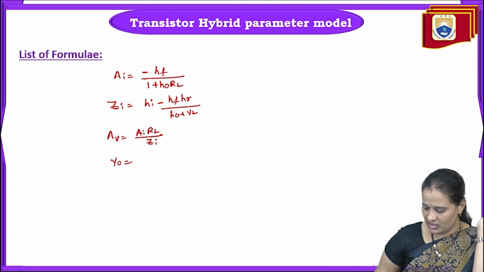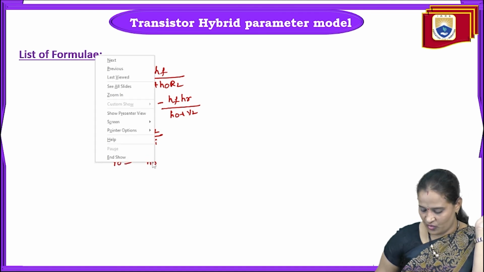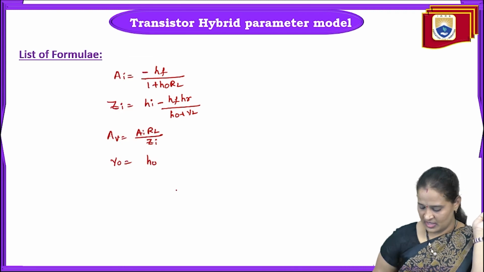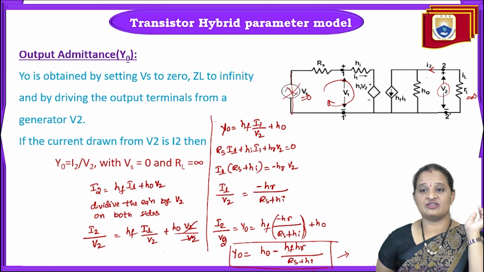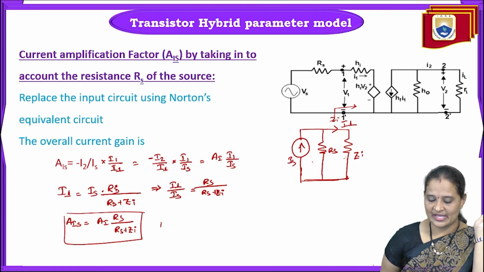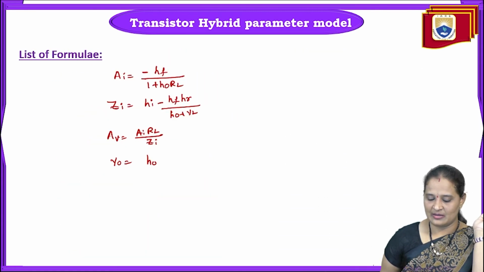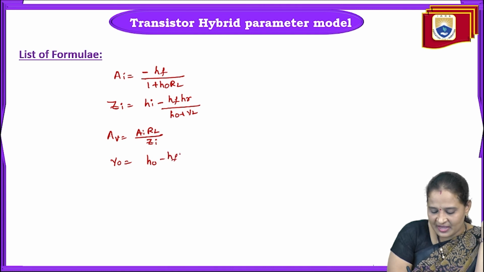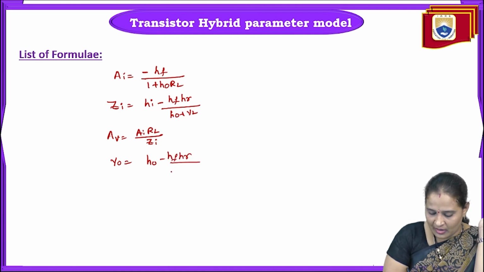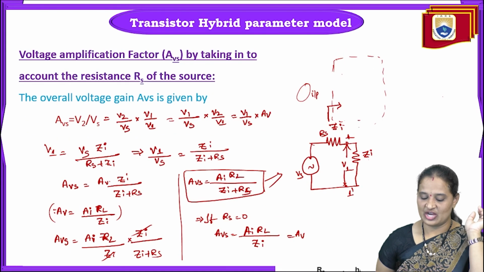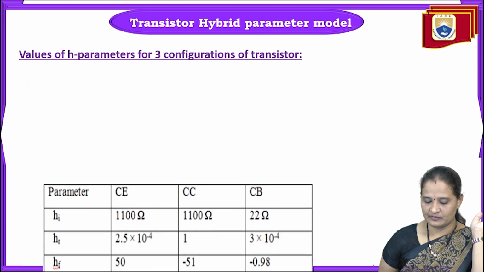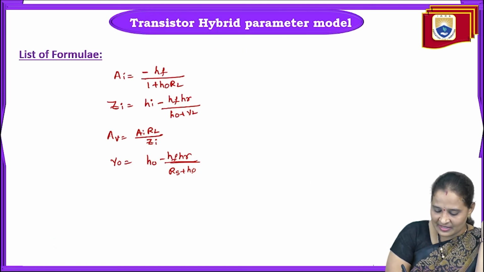Now coming to Y naught, which we have already derived: HO minus HF HR divided by RS plus HI. We need to remember all of this. Now coming to AVS.